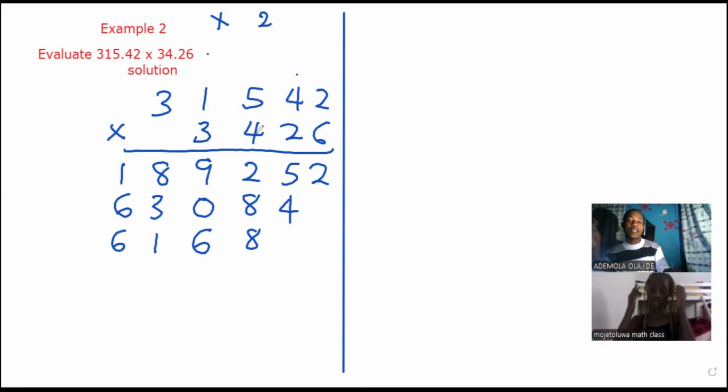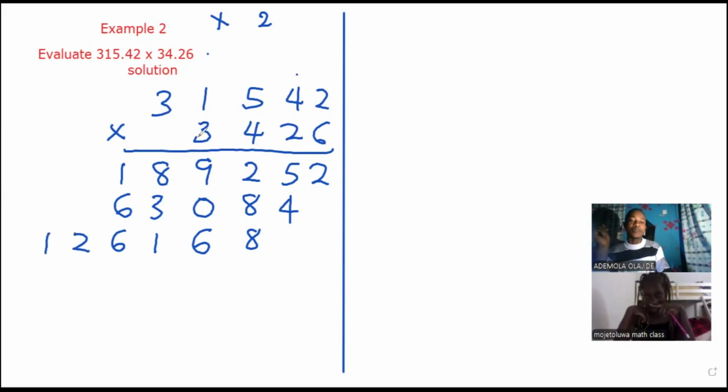So we'll now say, lastly, 4 is to multiply what digit? Oh, 3. 4 times 3, 12. Since apart from these 3, there's no other digit again for 4 to multiply, we will not keep anything, we'll write everything completely. 4 times 3 is 12. So you write 2, then you write 1.